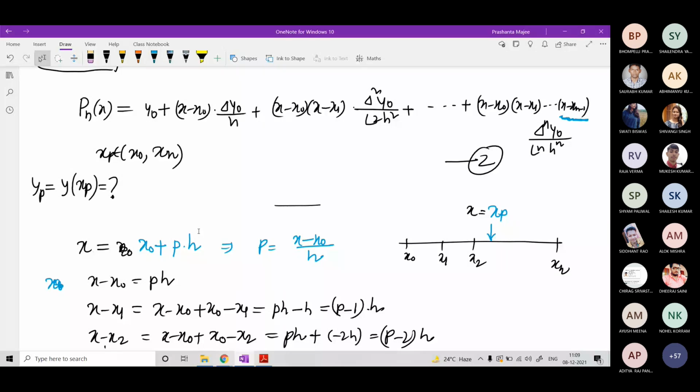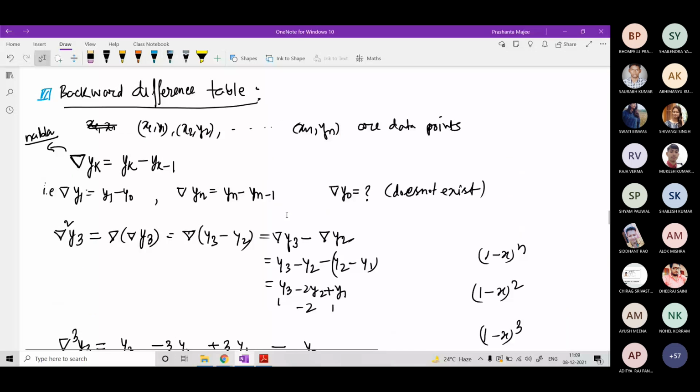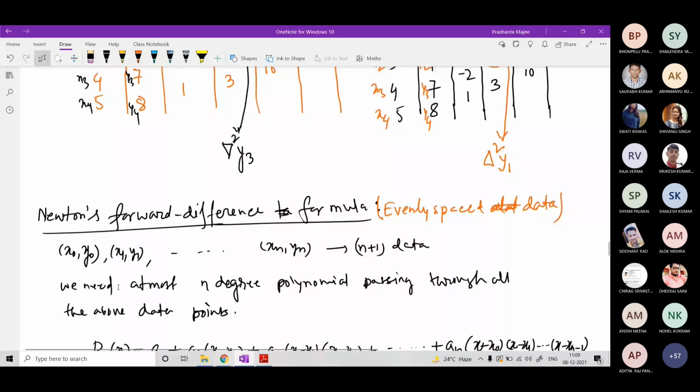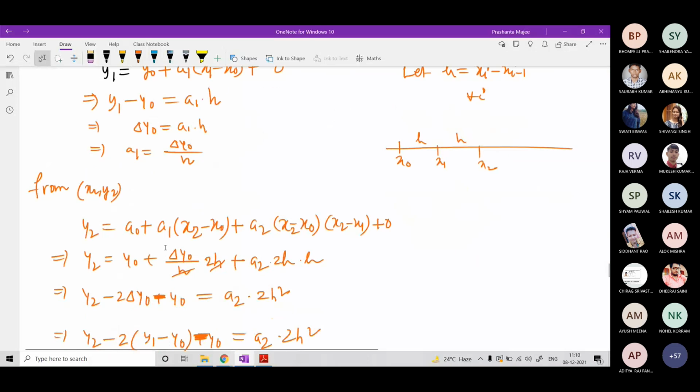For that purpose, so far we have introduced the forward difference operator. This is the forward difference operator, and this is the backward difference operator. Using the forward difference operator, we have derived Newton's forward difference formula to find the interpolating polynomial. Is it okay so far?